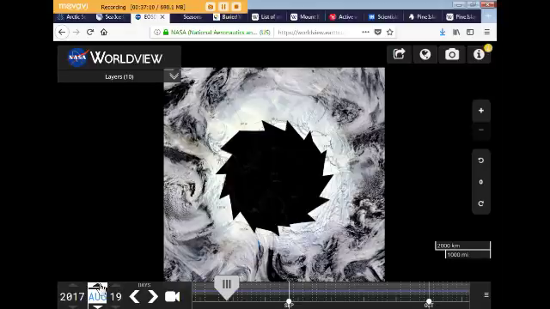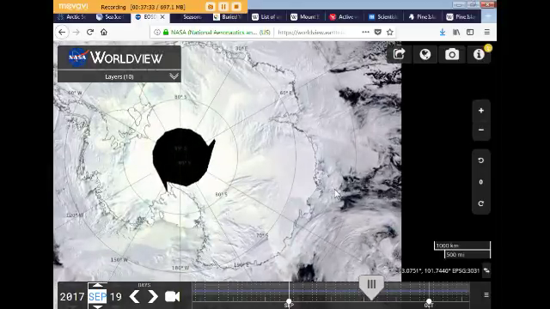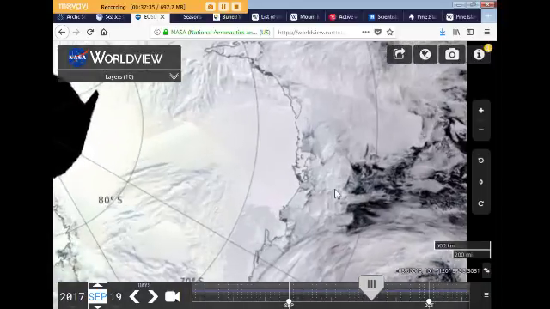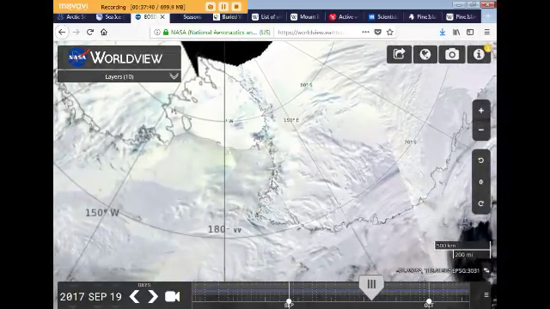But so I'm looking at last year to see the sea ice from September of last year, and of course we're looking through the clouds. You have to look through the clouds, but you can see how far out the sea ice went, and then you can zoom in and see the consistency of it and different things.